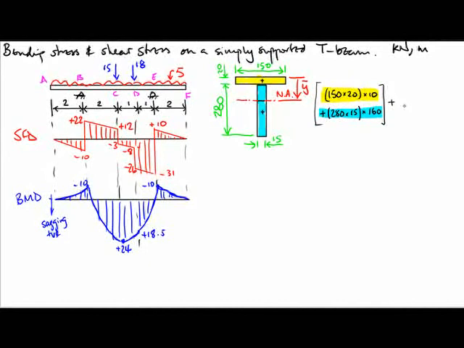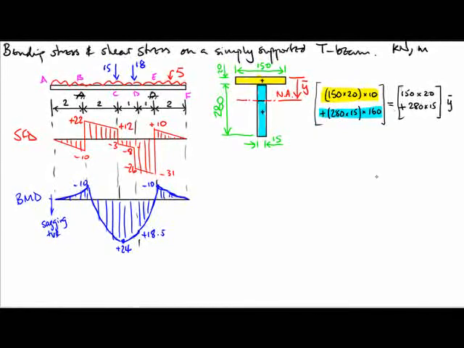So the total area, which is 150 times 20 plus 280 times 15, is multiplied by the distance to the centroid of the total area.